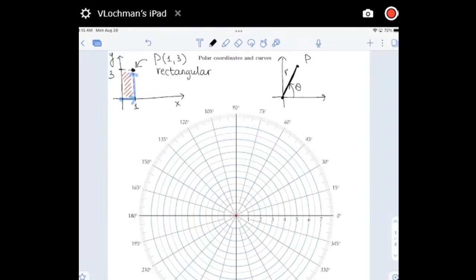So another way to describe this point would be to give the distance, or r, from the origin and the angle that that line segment forms with the positive x-axis, okay? So r theta. And that's going to be the way for us to represent these points in polar coordinates, okay?